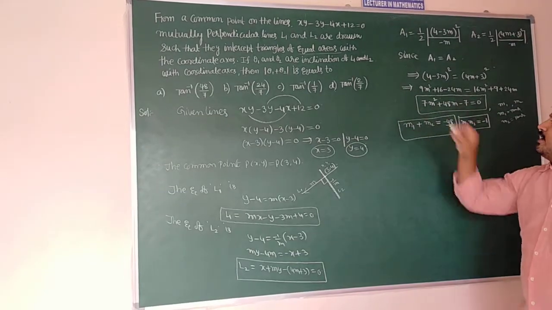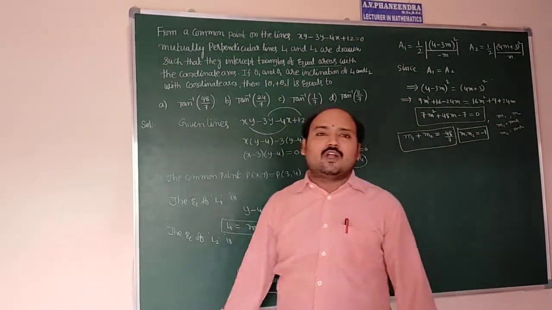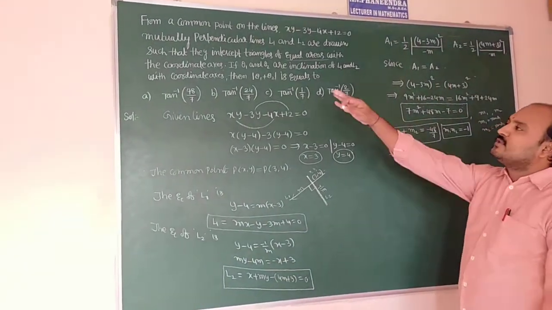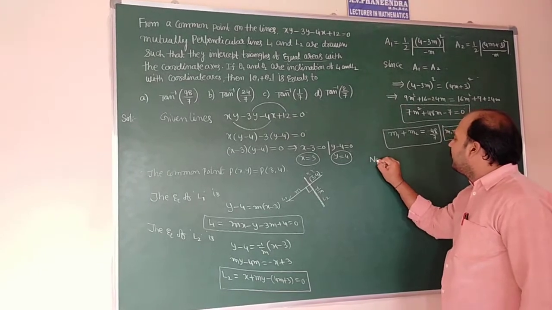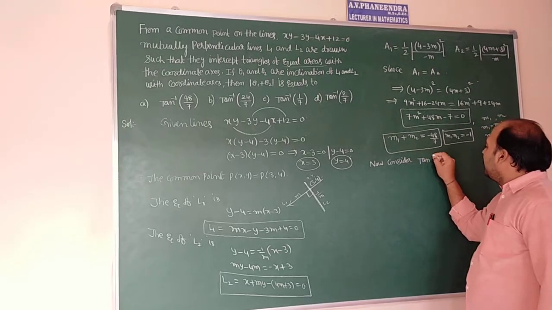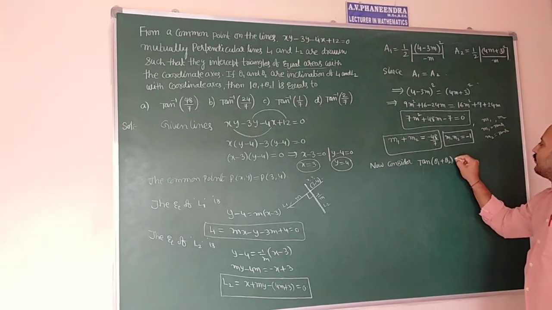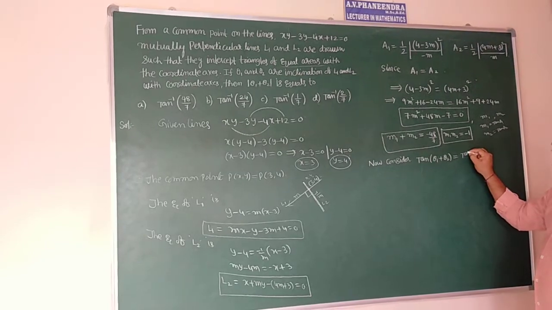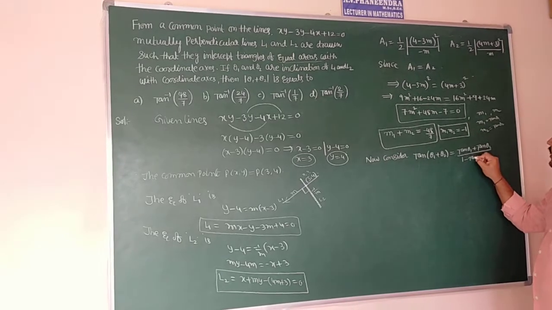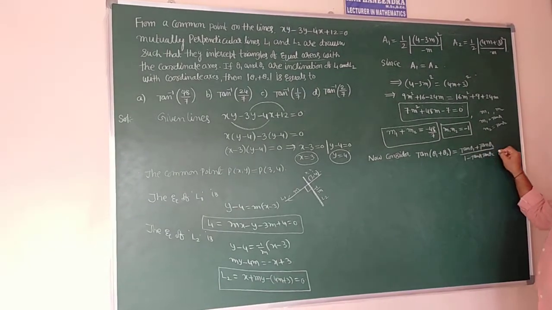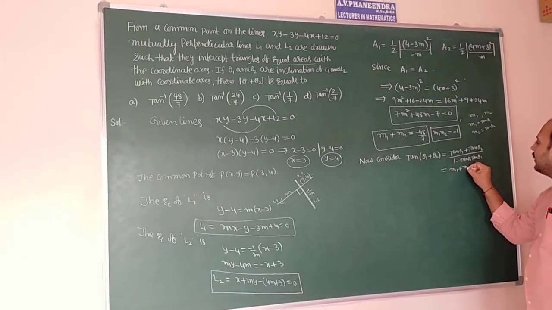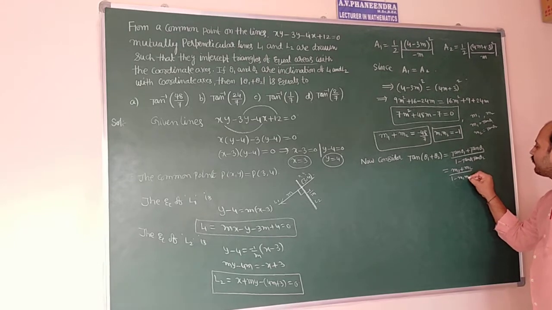But according to the question, they are asking to calculate theta 1 plus theta 2. That means use the tan of A plus B formula. Consider tan of theta 1 plus theta 2, equal to tan theta 1 plus tan theta 2 divided by 1 minus tan theta 1 tan theta 2. Here tan theta 1 and tan theta 2 are m1 and m2, so it becomes m1 plus m2 by 1 minus m1 m2.